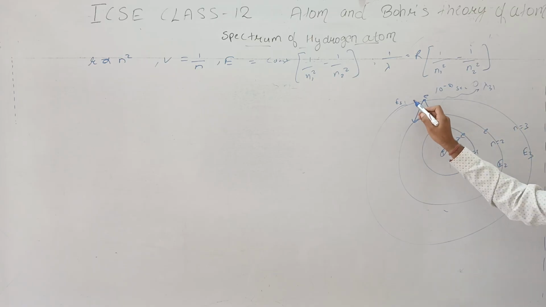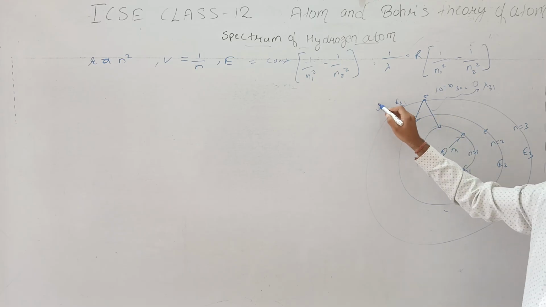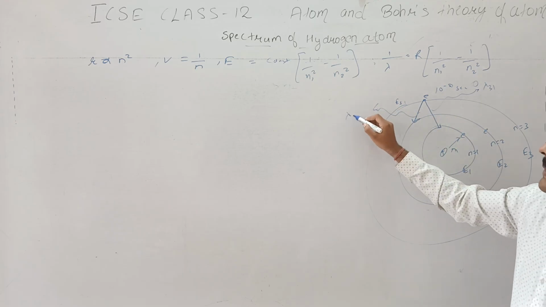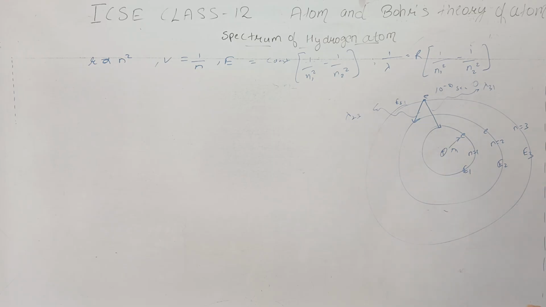If the transition is from the third to the second state, then lambda will be lambda 2,3. This will be a different wavelength. More energy is released when it comes from third to first orbit, because there is more energy gap, therefore lambda will also be more.